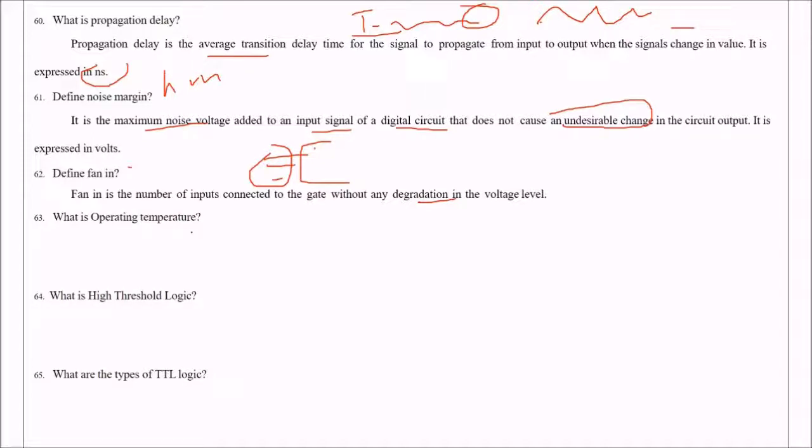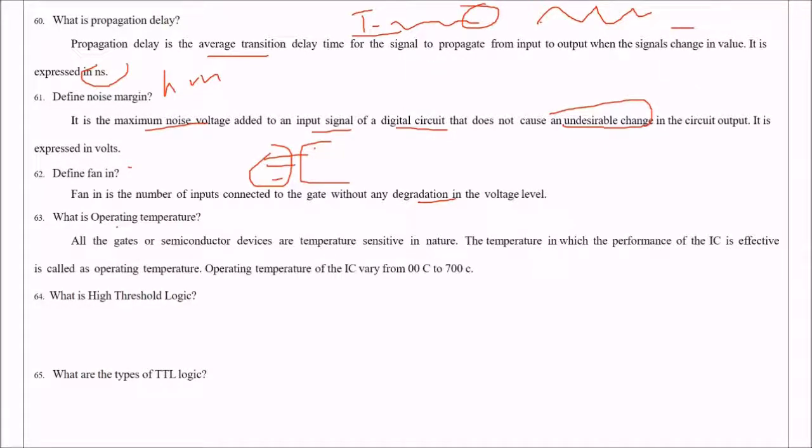What is operating temperature? The obvious answer would be the temperature at which this digital system works, but the answer is all the gates or semiconductor devices are temperature sensitive in nature. Even if you have some noise or disturbance or temperature rise, the semiconductor device may misbehave.